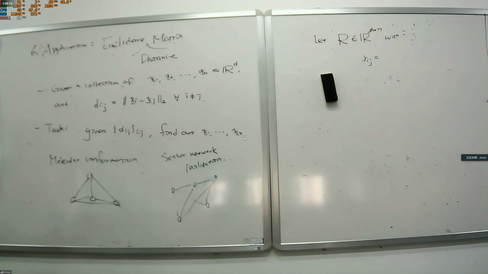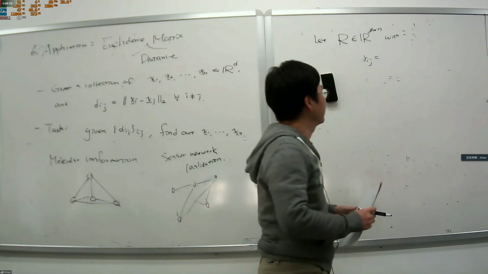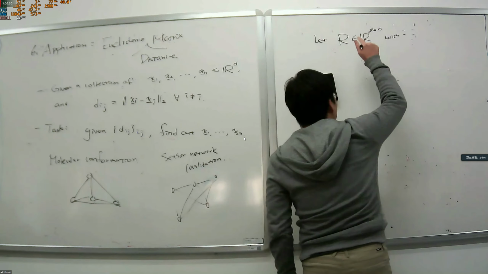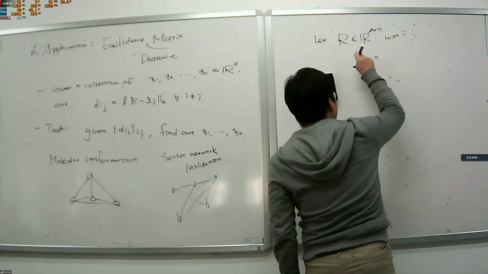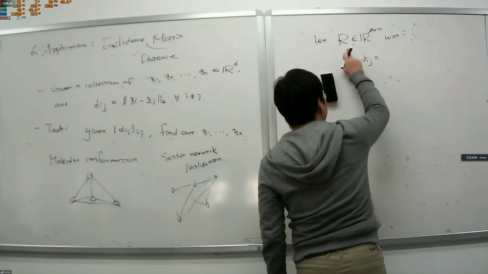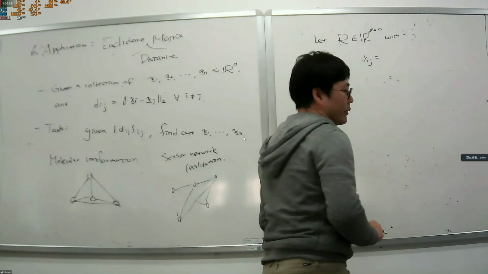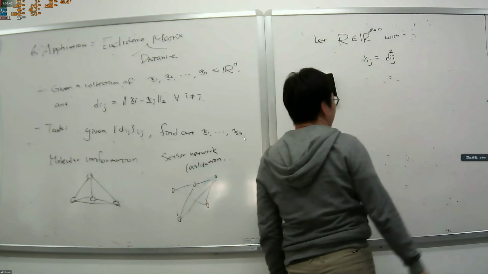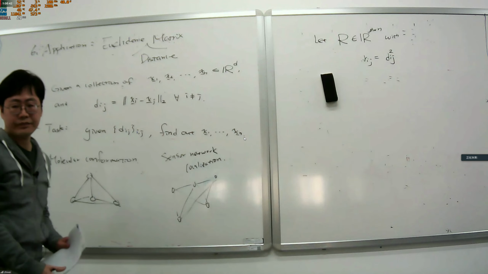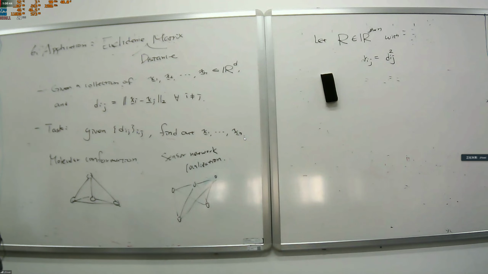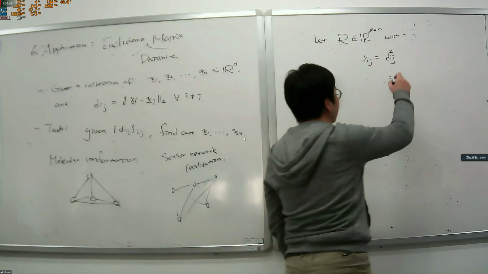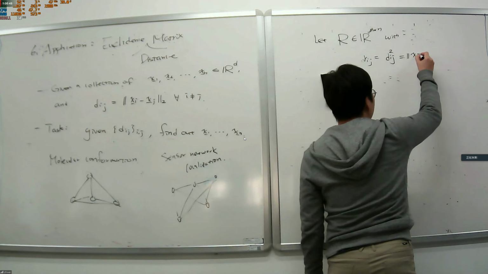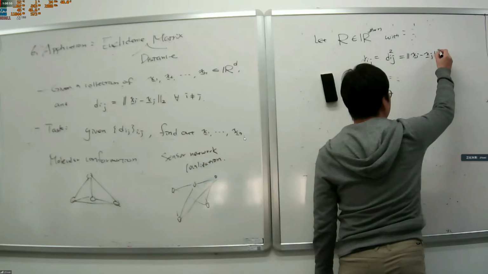So R is this Euclidean distance matrix. Each Rij is Dij squared. So Dij squared is the norm of xi minus xj, squared.